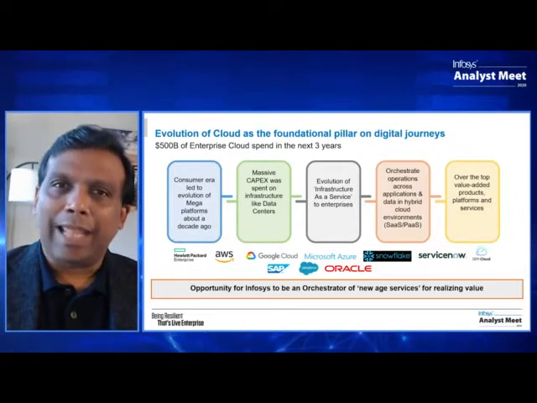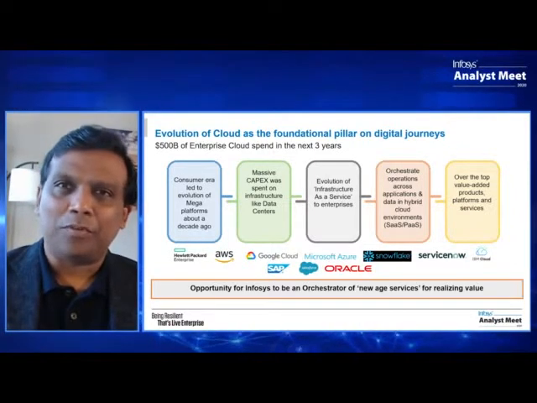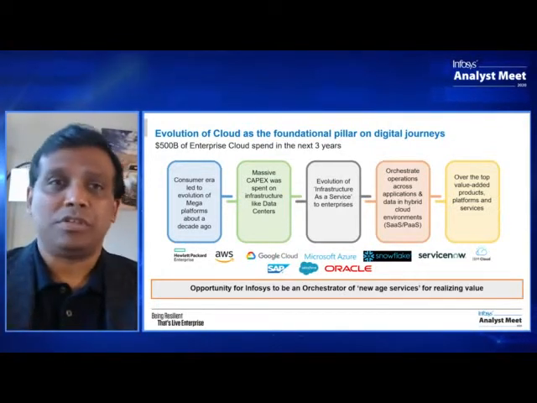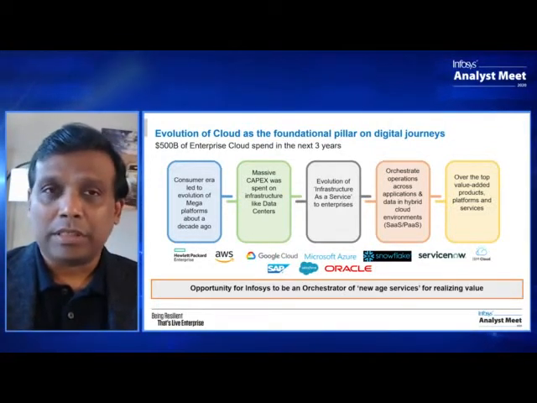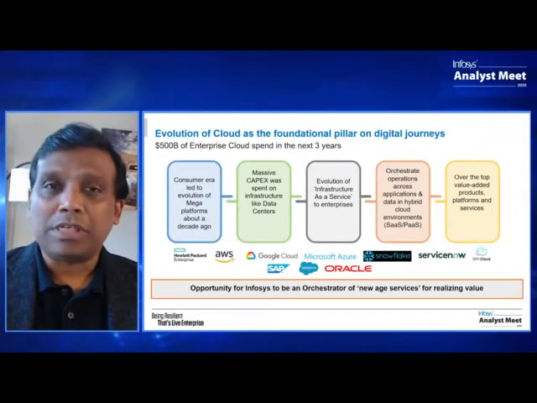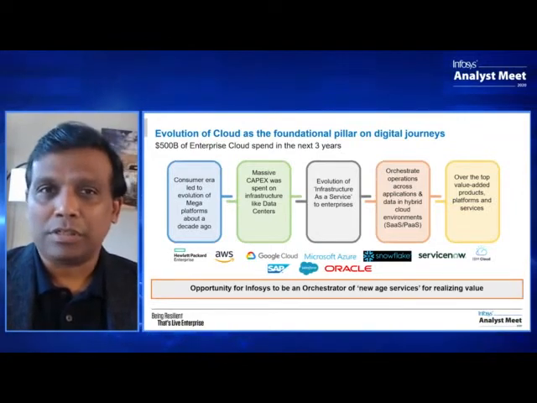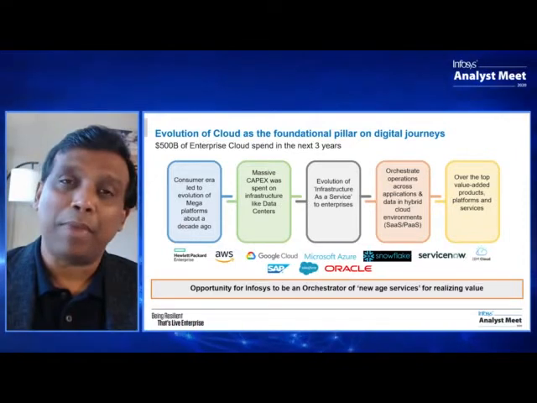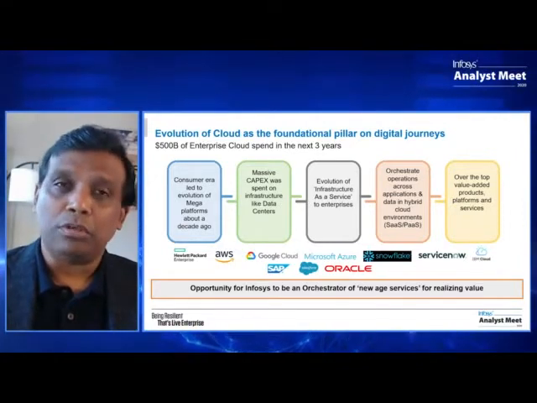The capital expenditure spent by these firms was so much that they started to lend this infrastructure to large enterprises. Just to give you an order of magnitude, $75 billion in the last 2 years has been spent between Microsoft, Amazon, and Google.